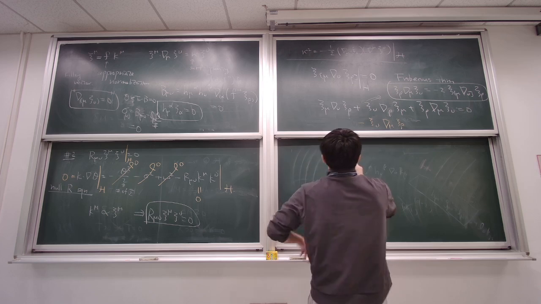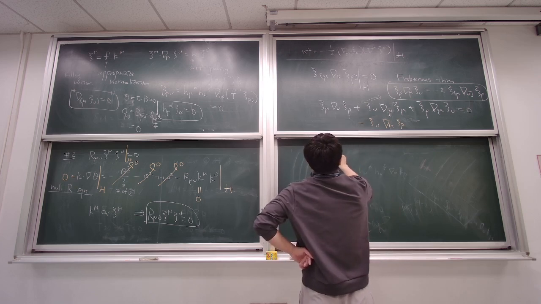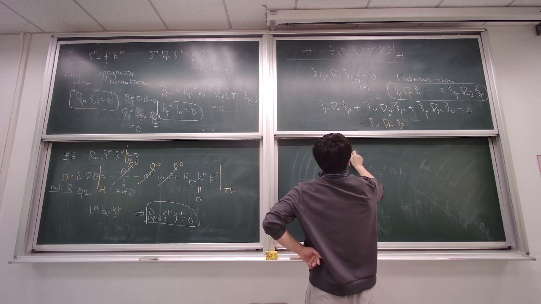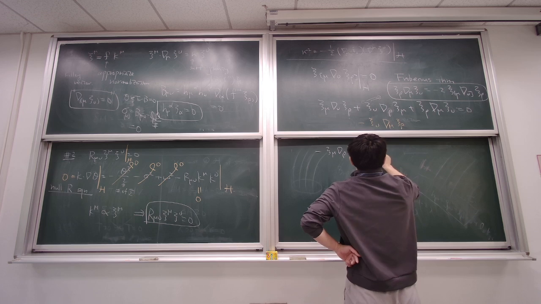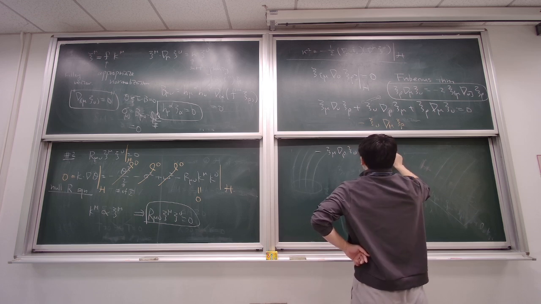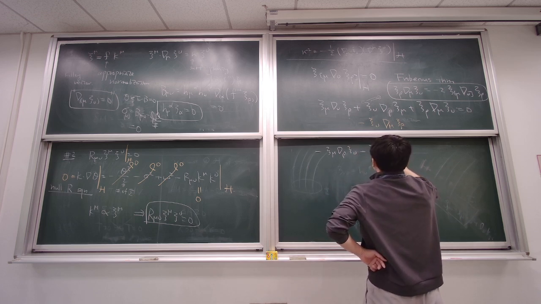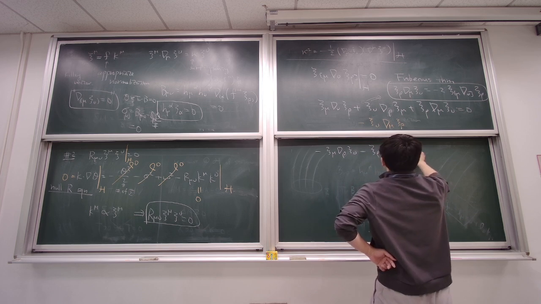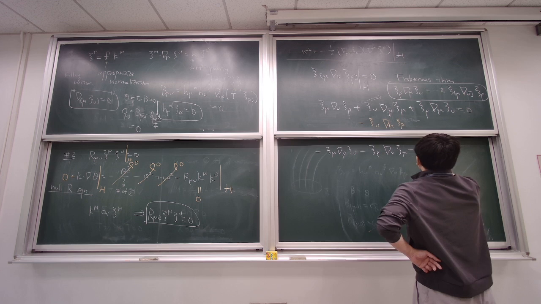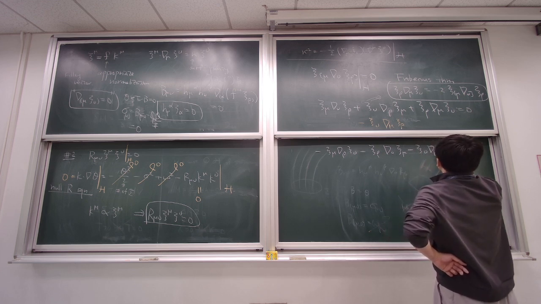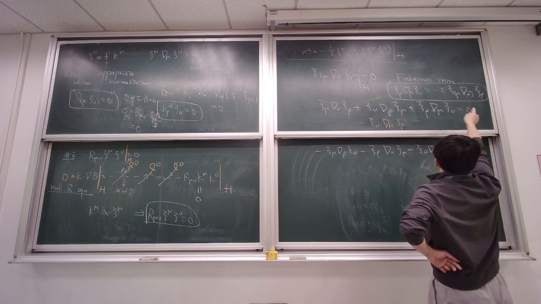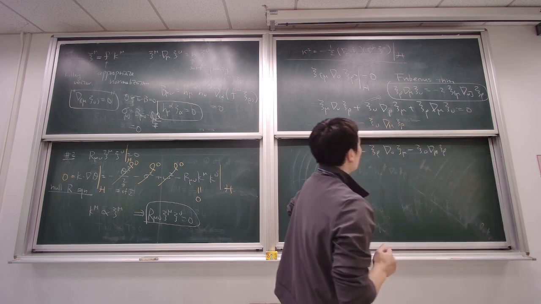So in addition to that, we have the following term: C mu, C rho, C nu minus everything cyclic, C rho, C nu, nabla mu, C rho is equal to 0. That's true.